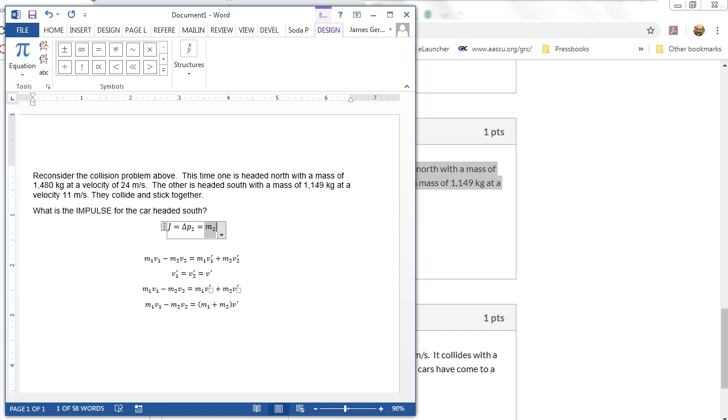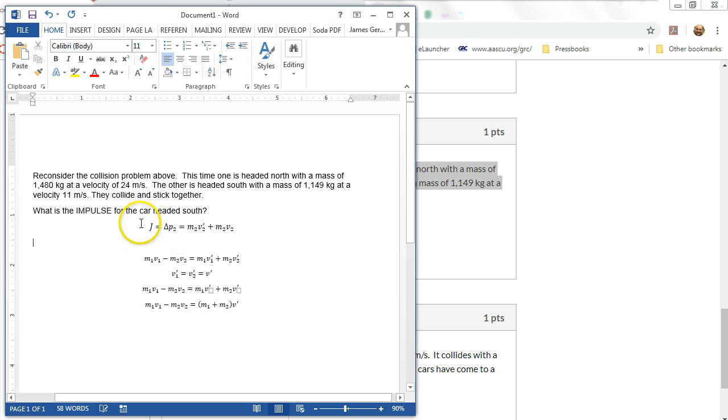So m2 v2 prime minus, all right, if north is our reference direction, we've got a minus, so we end up with plus m2 v2.